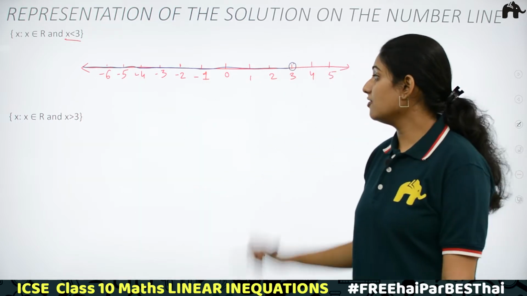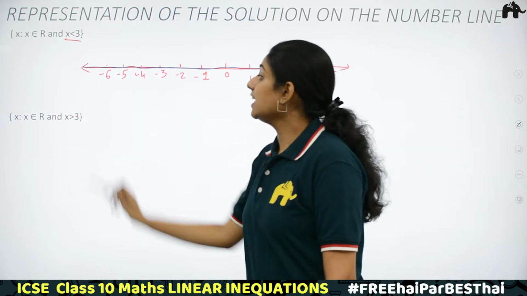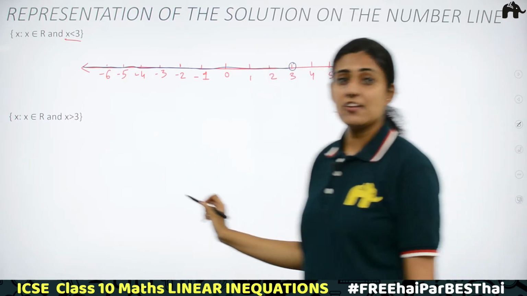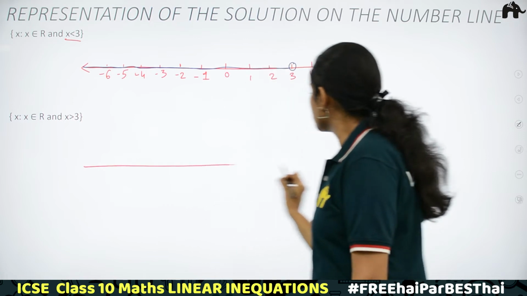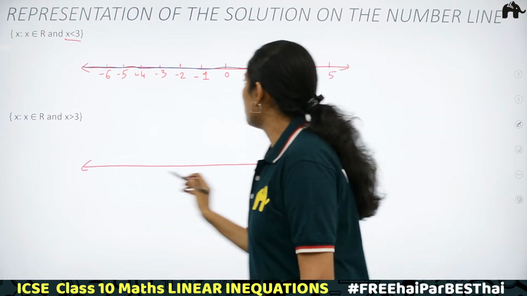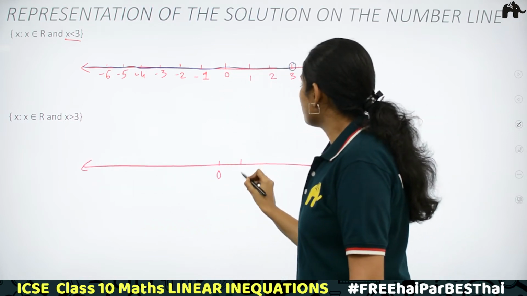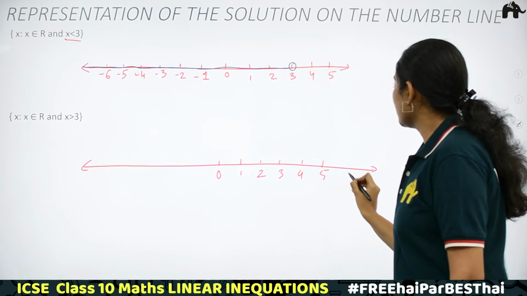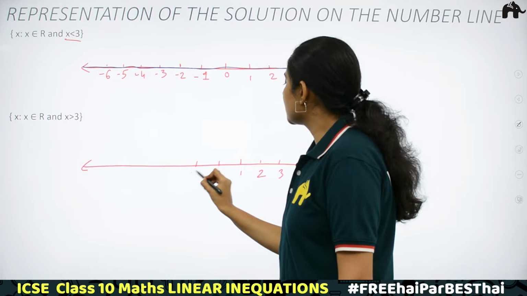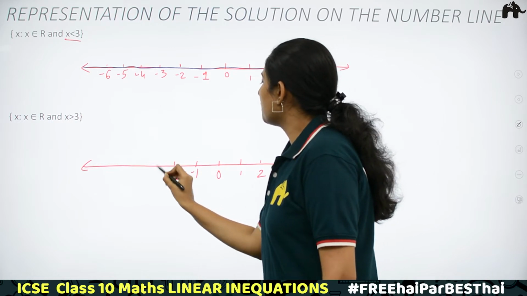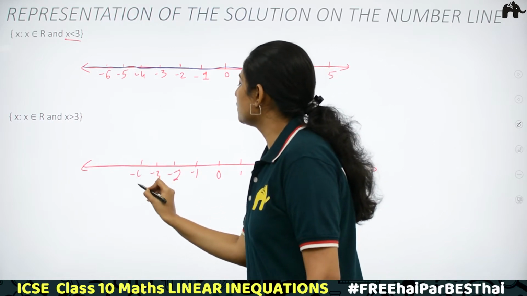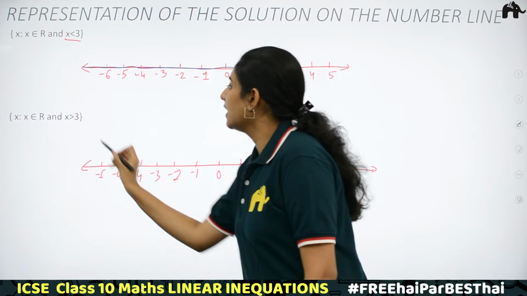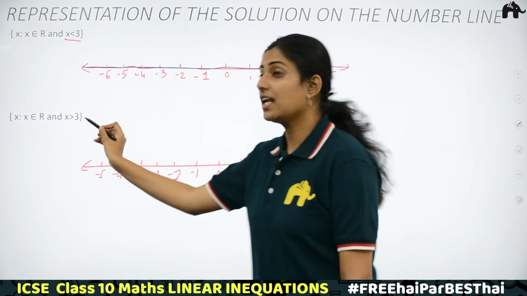Now, the second one, x such that x belongs to R and x greater than 3. We'll draw a real number line. Mark points 0, 1, 2, 3, 4, 5, 6, minus 1, minus 2, minus 3, minus 4, minus 5, minus 6. Here we have to find the number 3 first.